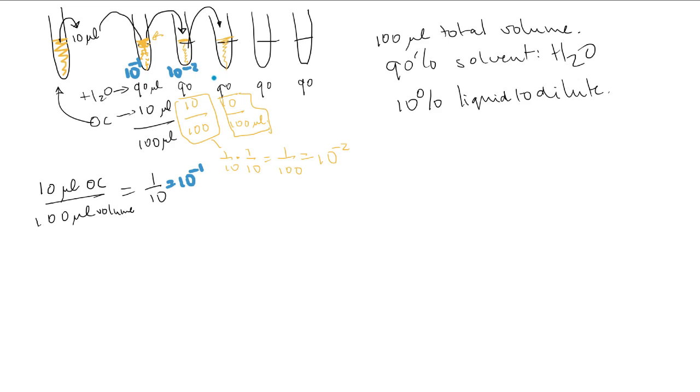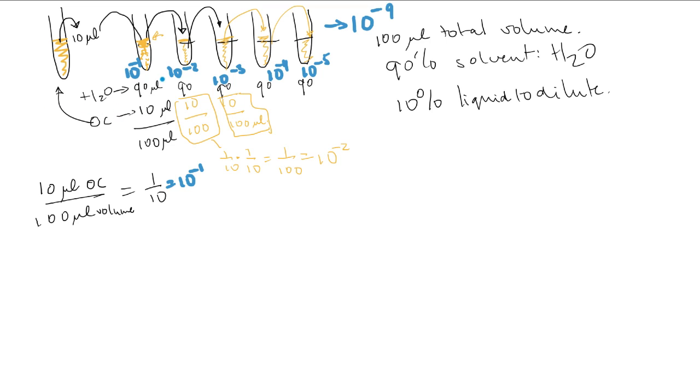By the same argument as before, this becomes 10 to the negative 3, and hopefully you see a pattern. So I'm going to move 10 microliters there, 10 microliters there, and I'm going to get 10 to the negative 3, 10 to the negative 4, 10 to the negative 5, and you can go on. When I used to do this back in the olden days when I still worked in the lab, I went all the way to 10 to the negative 9 because my bacterial concentrations were super concentrated.